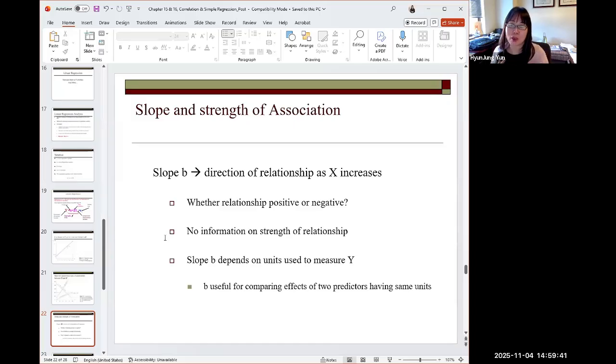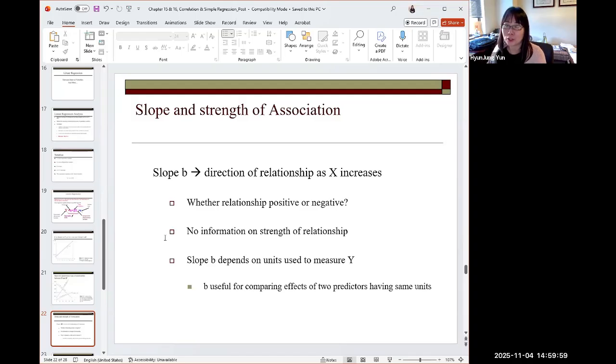The steepness can vary by the actual unit we use for the measurement. So we cannot really tell the strength of a relationship from the raw slope of a regression model.